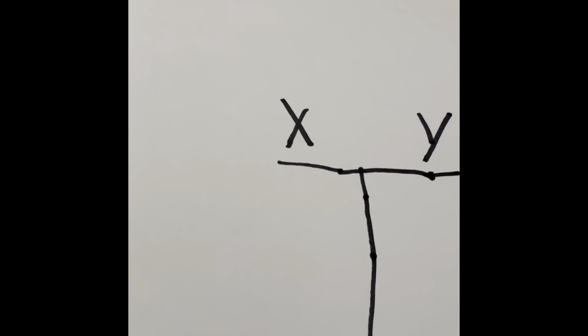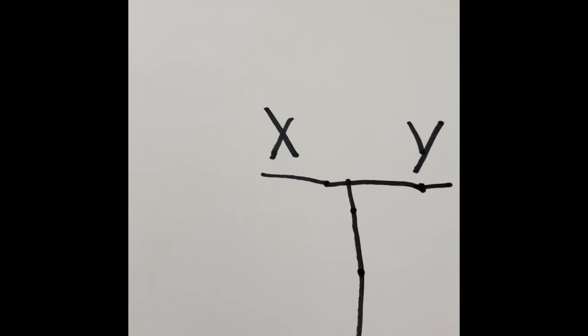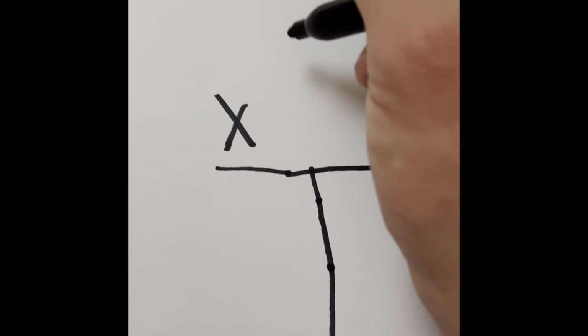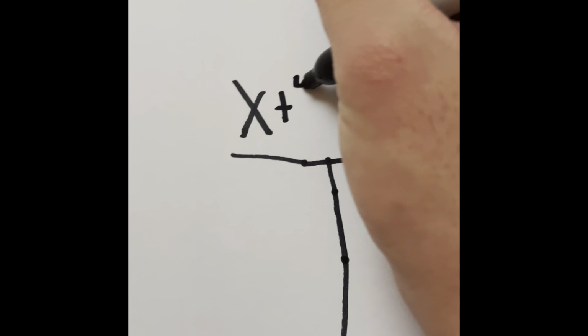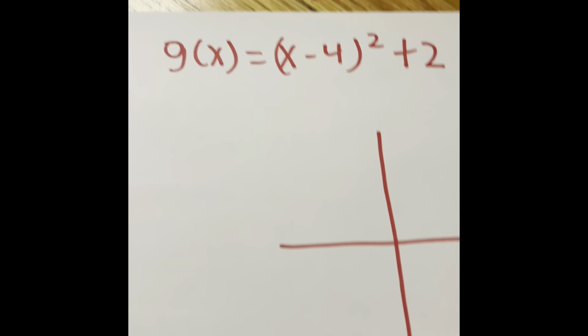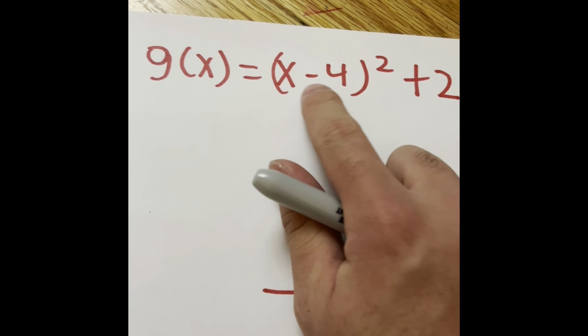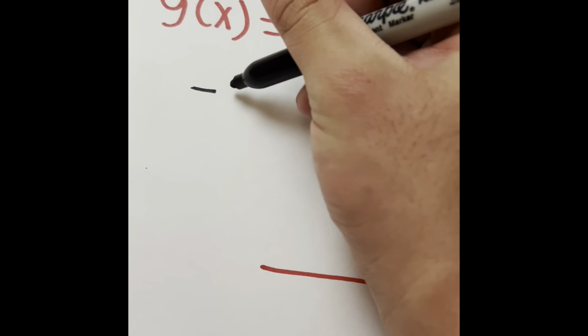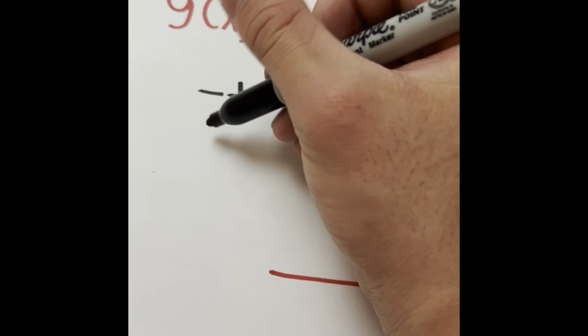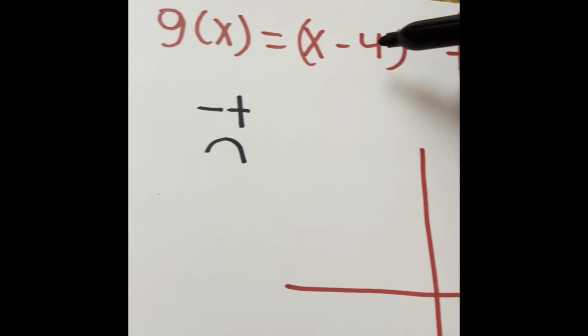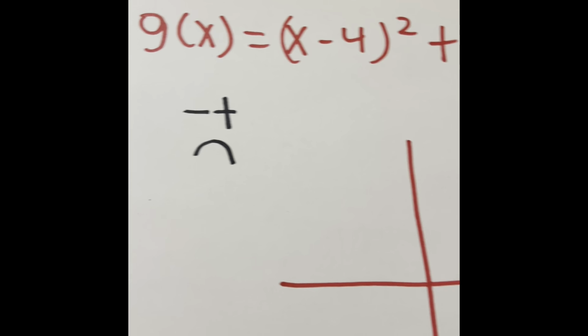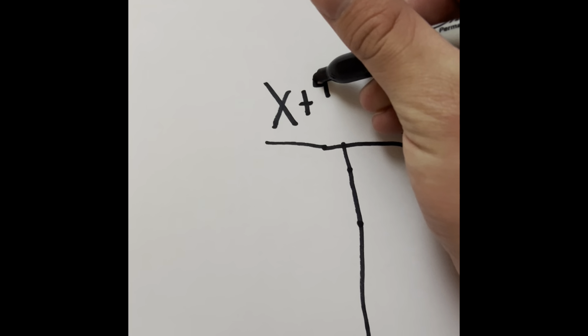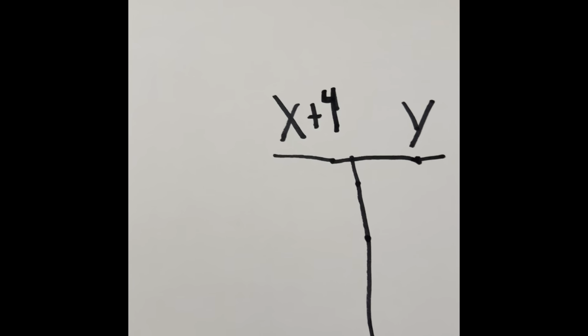So the x is going to be, subtract that, and actually add 4, because when you are using this, you add and subtract, and you will get a subtraction symbol. That's why there's a subtraction symbol right over there. So we do x plus 4.